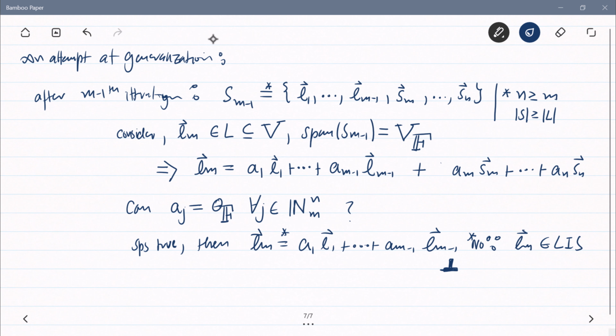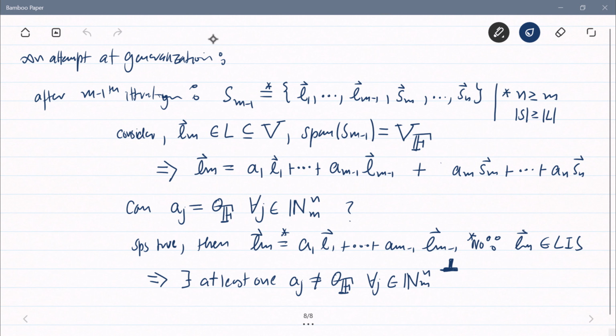Okay, done with that. Then this gives us the freedom that there exists at least one A sub j not equal to the 0 of the field, for j from m to n.